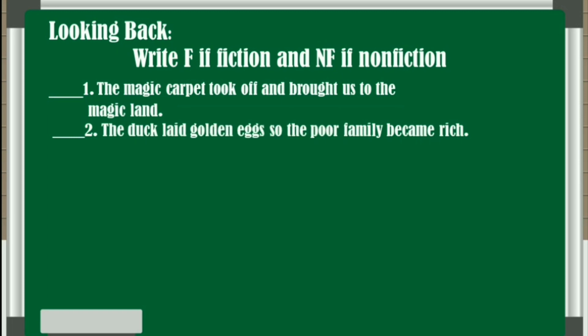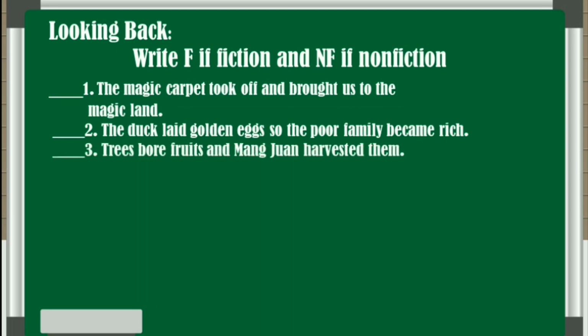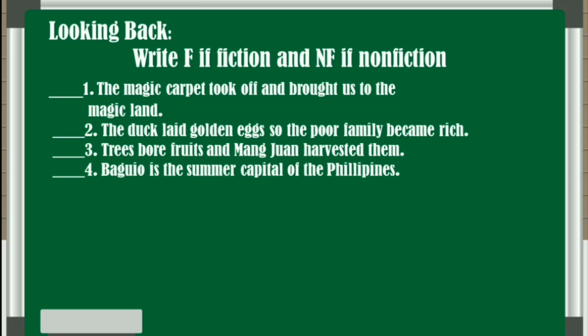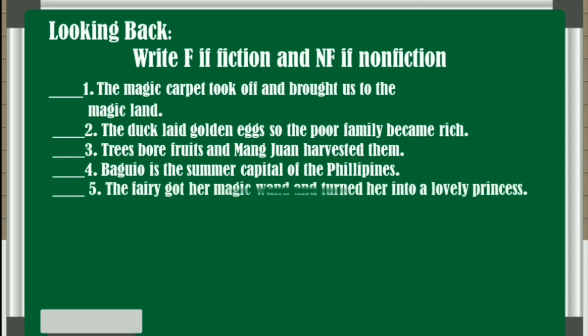The duck laid golden eggs, so the poor family became rich. Number 3. Trees bore fruits and Manguan harvested them. Number 4. Baguio is the summer capital of the Philippines. Number 5. The fairy got her magic wand and turned her into a lovely princess.